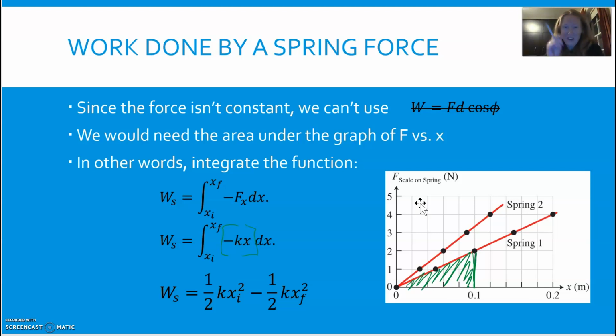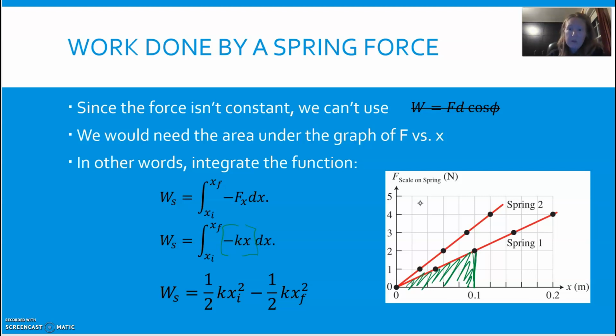So for every little x, that's what dx means, we're going to take every little piece and find the integral. And if you can imagine, we just need to find the antiderivative of that.